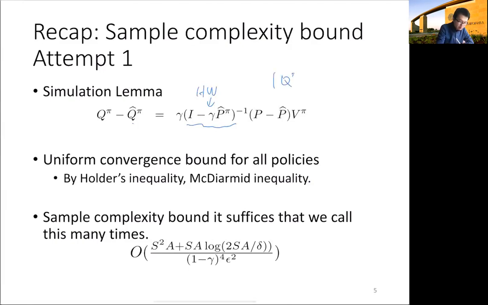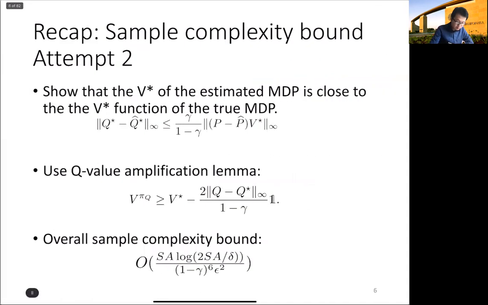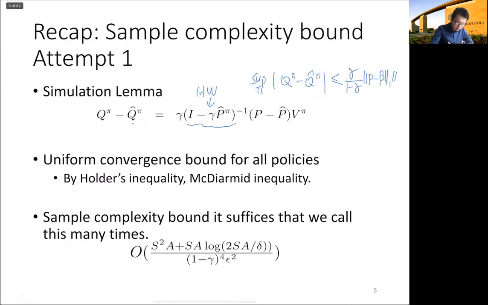Okay, so what the simulation lemma does is that now we can apply Holder's inequality to upper bound the gap for any pi. We can bound this by gamma over 1 minus gamma, the L infinity norm, L1 norm of P and P hat, multiplied with the maximum value we had, and we know that this is smaller than 1 over 1 minus gamma.